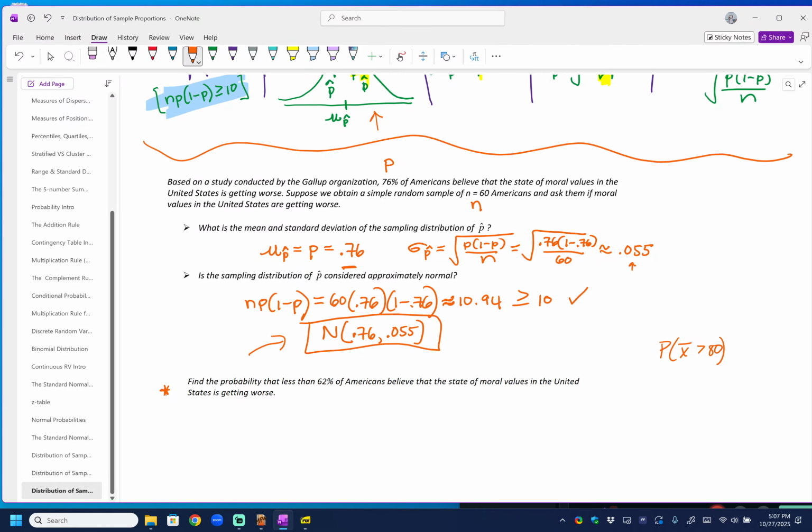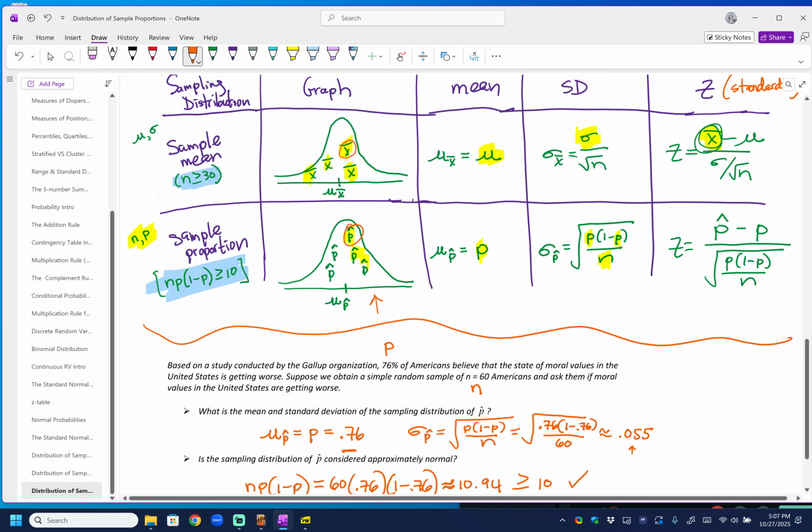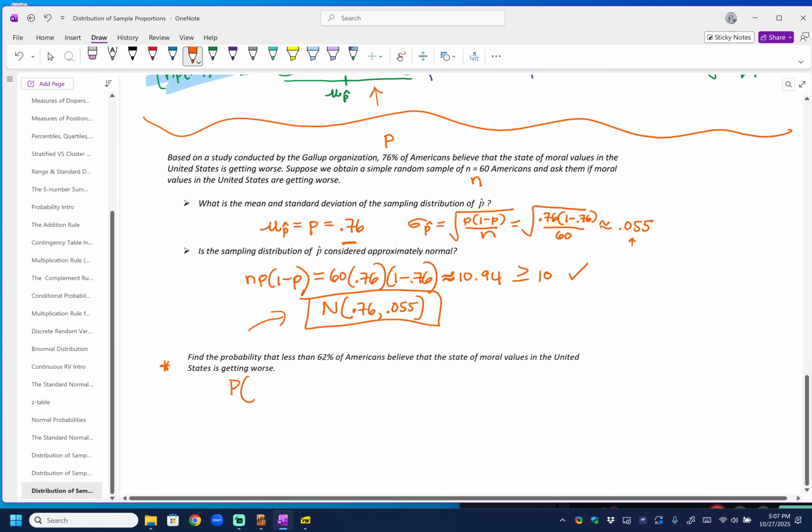Well, now it's no longer X bar that we're dealing with in our distribution, it's p hat, which means our probabilities are going to be related to p hat. Well, in this case, we're doing less than 62%, so we're finding the probability that p hat is less than 0.62. That is our goal in this specific problem.